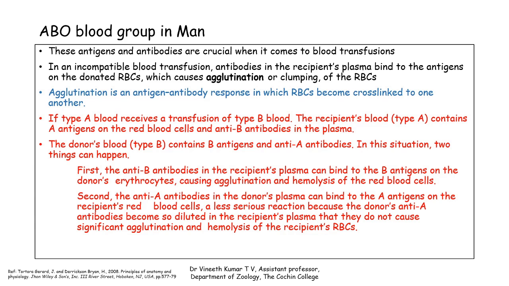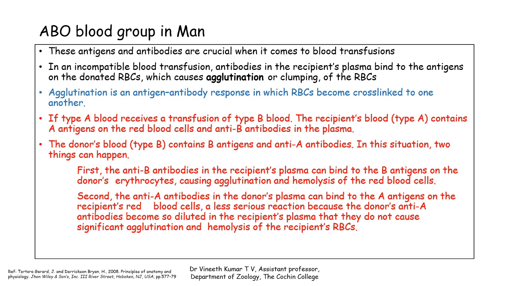The second is a minor thing that can happen. That is, the A antibodies in the donor's plasma can bind to the A antigens on the recipient blood cells. This is a very minor reaction, or a less possible reaction, which might not happen. The reason is that the donor's A antibodies become so diluted.